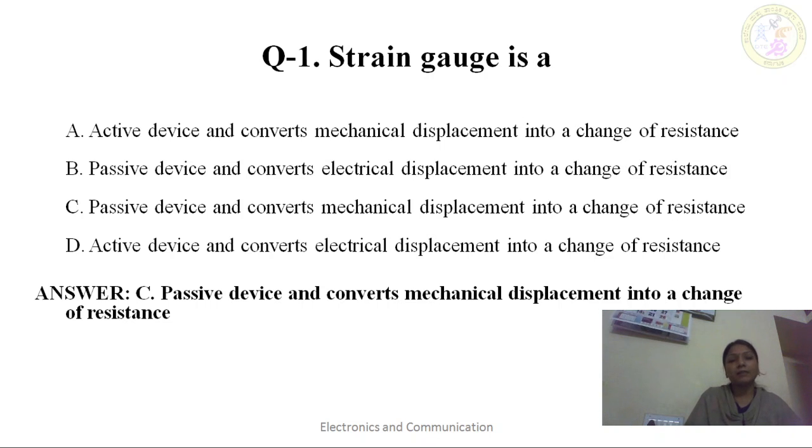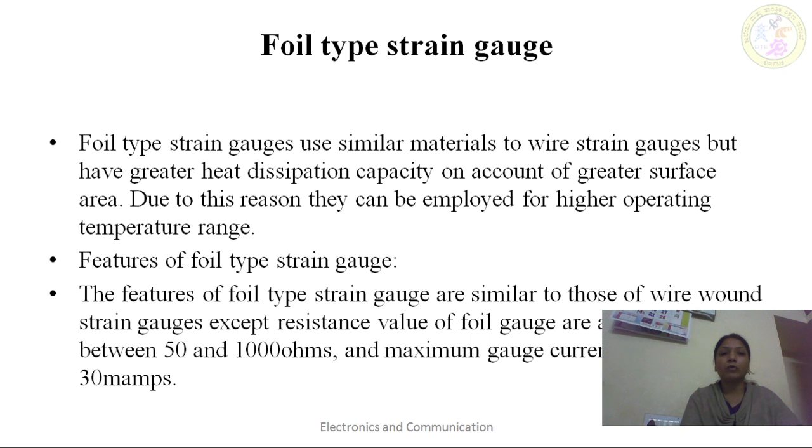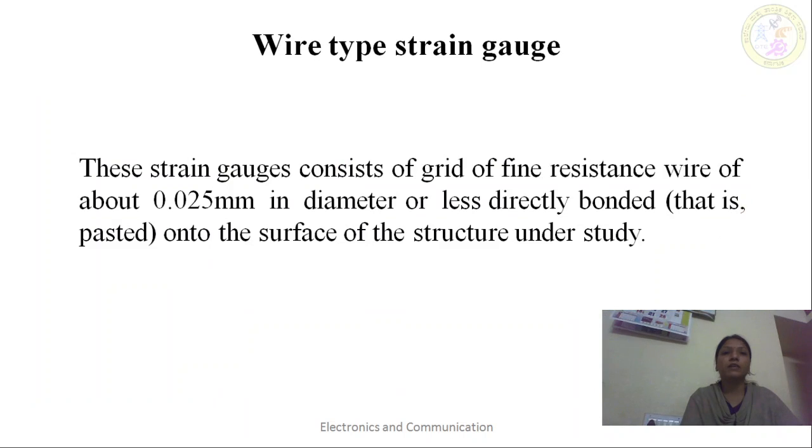Second option, a passive device and converts electrical displacement into a change of resistance. Third option, a passive device and converts mechanical displacement into a change of resistance. Fourth option, an active device and converts electrical displacement into a change of resistance. I already told you this in the first slide.